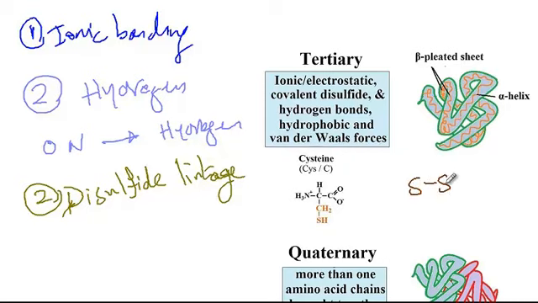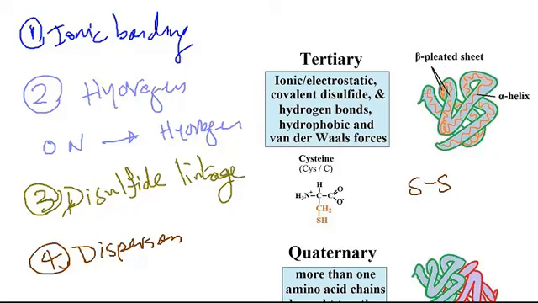And then the final force is the dispersion forces, which arise when a nonpolar atom becomes momentarily polar, as a consequence of which there would be uneven distribution of electrons, and this uneven distribution will form a dipole that also induces a shift in the electrons of neighboring nonpolar atoms. Now these dispersion forces are fairly weak, but they could actually play an important role in the tertiary structure if the other forces, like for instance hydrogen or disulfide bonds, are not present.